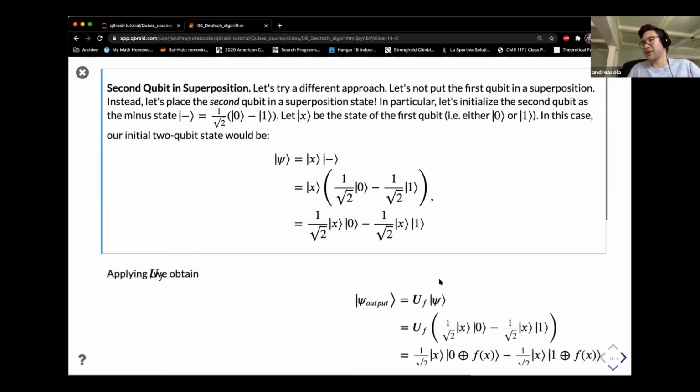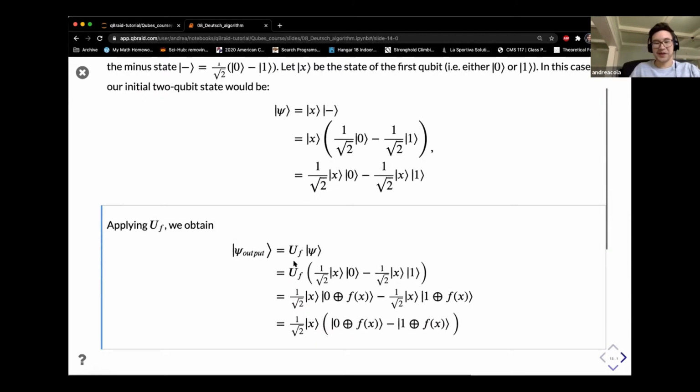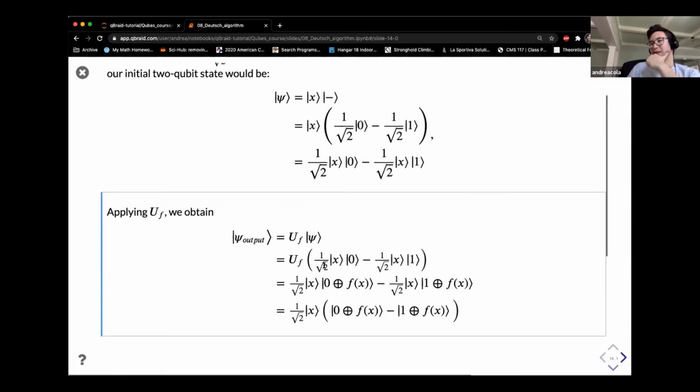Now what happens if we apply UF to this state? We're applying UF to whatever expression we got before, the initial state. Again, UF by linearity acts on the first term minus whatever UF acts on the second term.